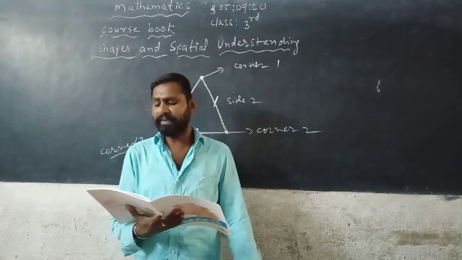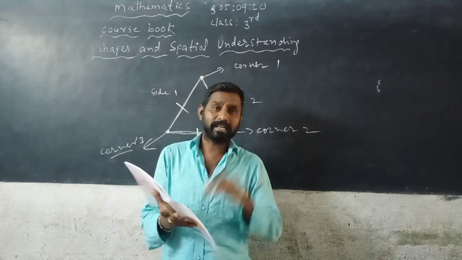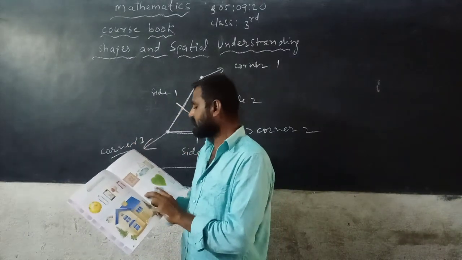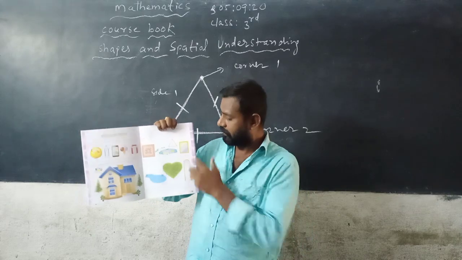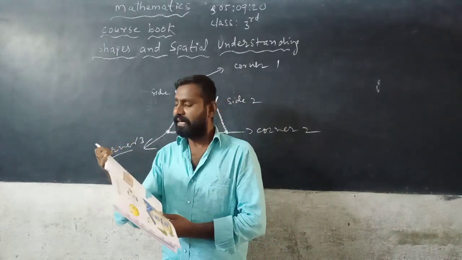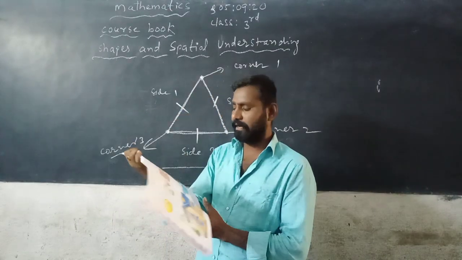Similarly, he identified a square-shaped carpet. Now next, a rectangle photo frame and a triangular clock.